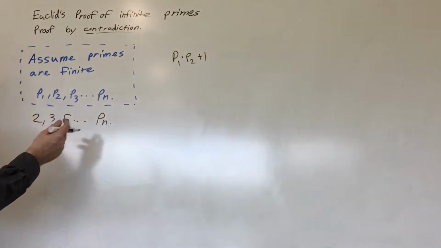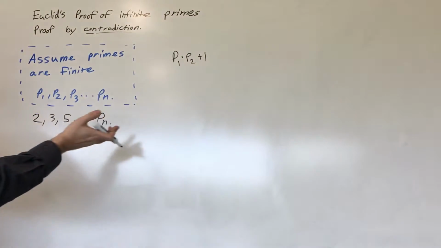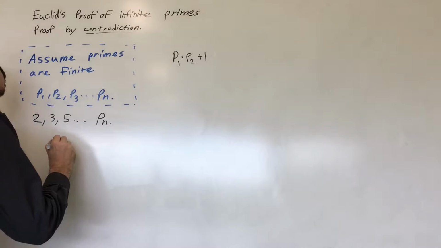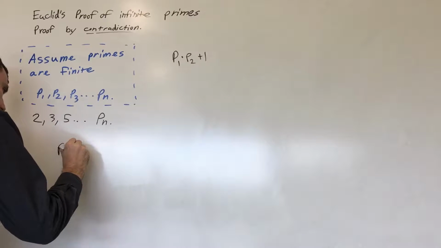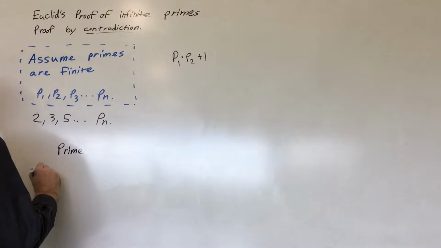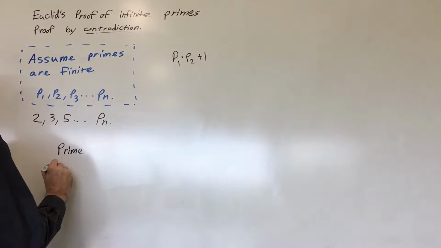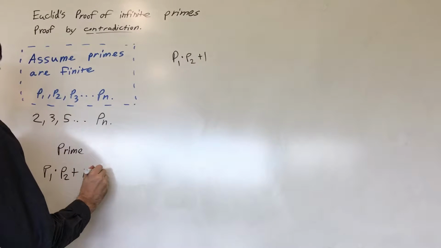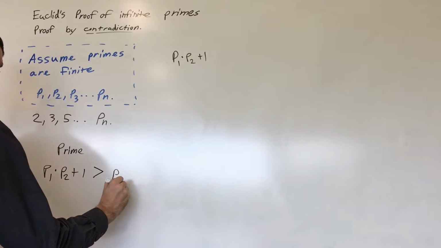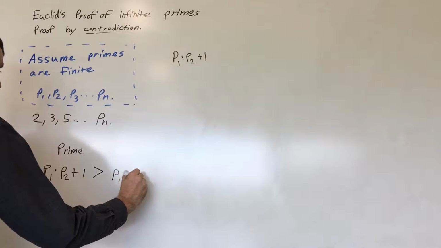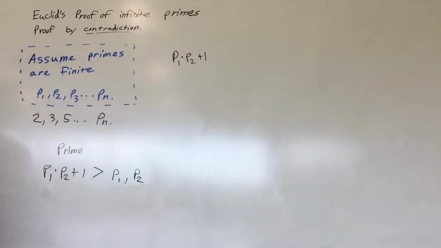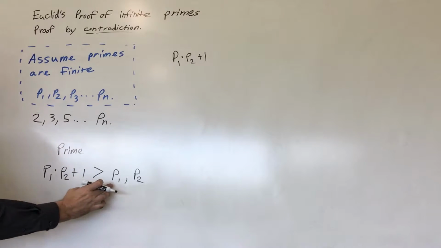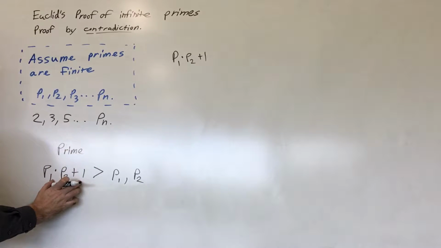So this could be prime, or it could be composite. Let's say it's prime. P1 times P2 plus 1 is greater than P1, and it's greater than P2. So if this is a prime and it's greater than P1, well then it's not P1 and it's a prime. Okay, so we're assuming that this is a prime.